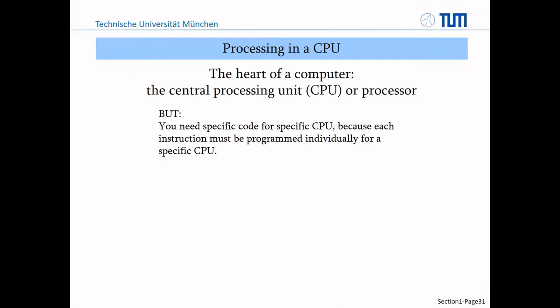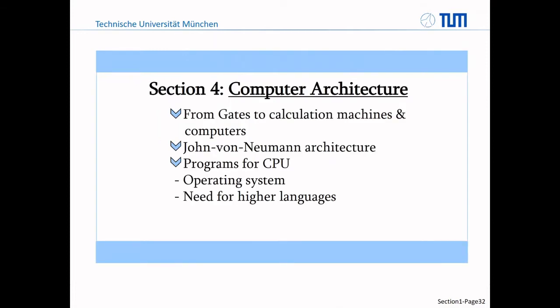And therefore each CPU must be programmed individually. So it's not so nice that you write the program once and then load it onto different CPUs. You always have to write specific things for your CPU. And therefore we come to the next step.